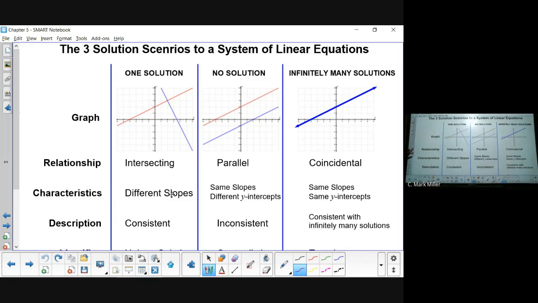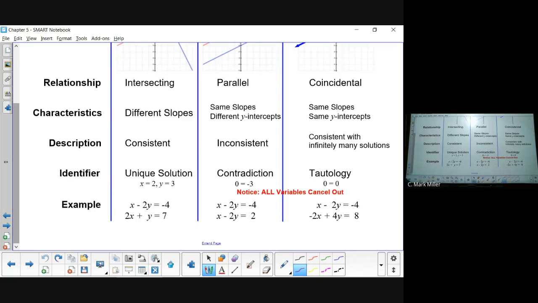One solution, you're going to arrive at a solution down here. No solution, you'll arrive at a contradiction. Infinitely many solutions, you'll arrive at what's called a tautology. So in these last two cases, all of your variables are going to cancel out. That's what's there in red.